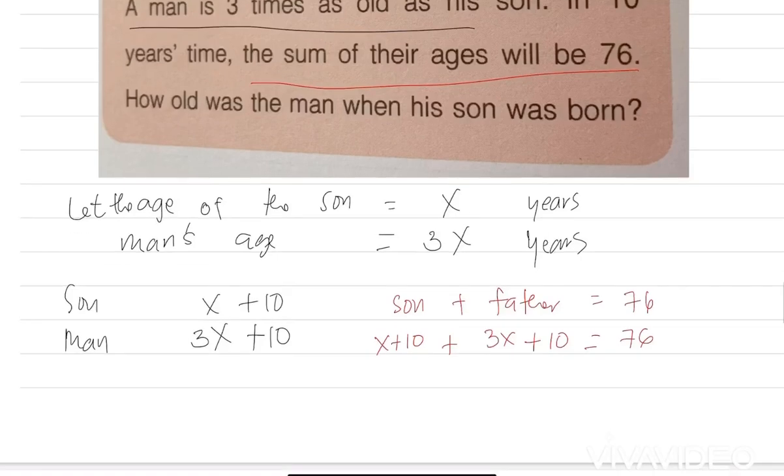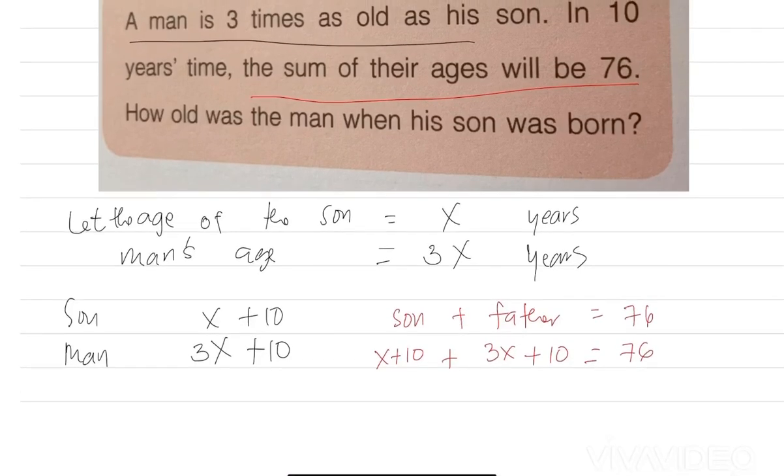Using our knowledge from linear equation in one variable, we combine similar terms. So x plus 3x is 4x. Combine the constants, which is now 20, is equal to 76. We are now going to transpose 20 to the other side of the equation. So we have 4x is equal to 76 minus 20.